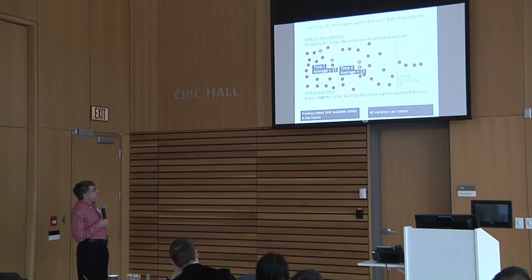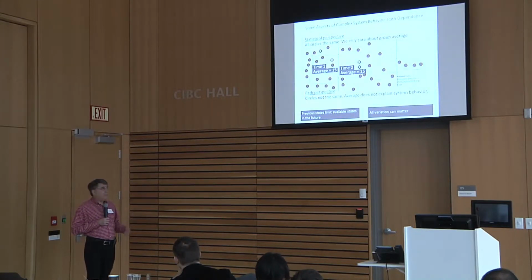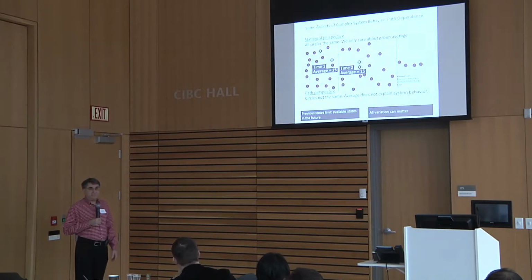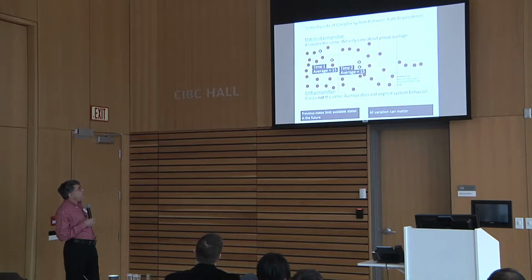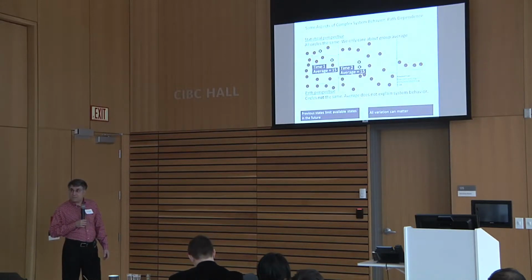Right? Look at it again at time 2. You've got those 2 X's, right? In the statistical view, they're exactly the same. All you care about is that whatever number attaches to them, add that to all the other dots, average by the number of dots, it'll come out to 15. Nothing else matters. But with a path-dependent view of the world, it makes all the difference in the world.